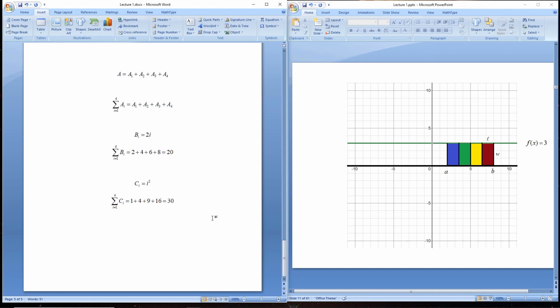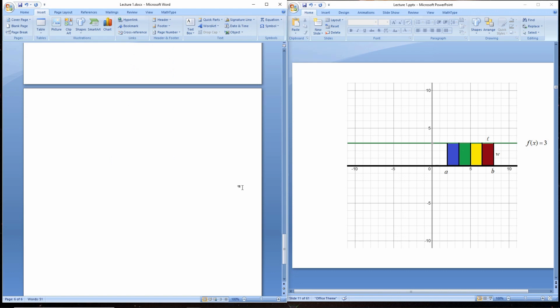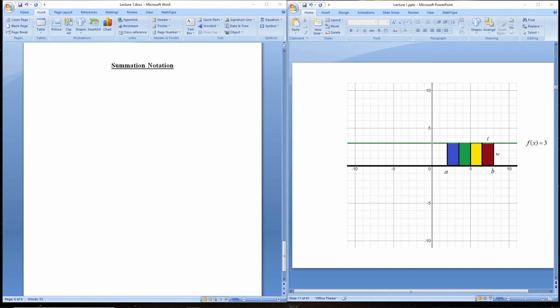So that's just a quick intro to the summation symbol. If you go on further into calculus, you'll definitely deal more with it. We don't deal with it too much right now. But let's keep going a little bit with summation notation and get back to our area, because ultimately we want to use this symbol so that we can express all these rectangles that we're going to squeeze under the function.